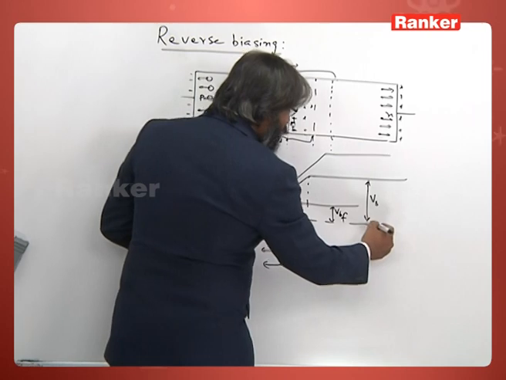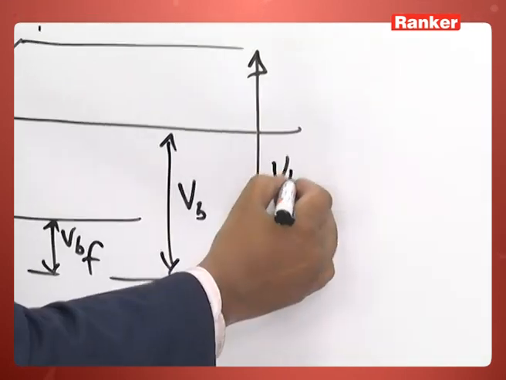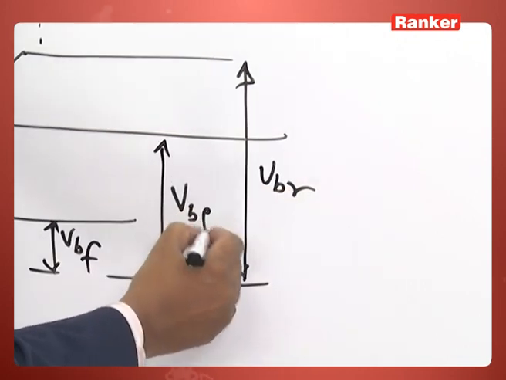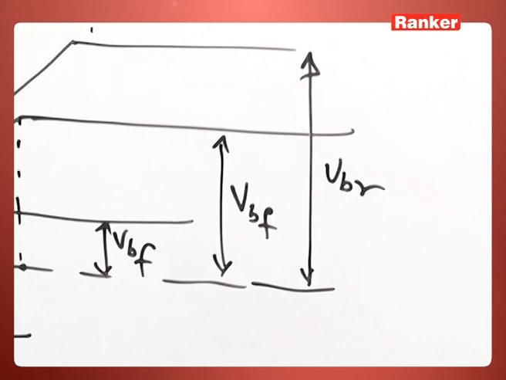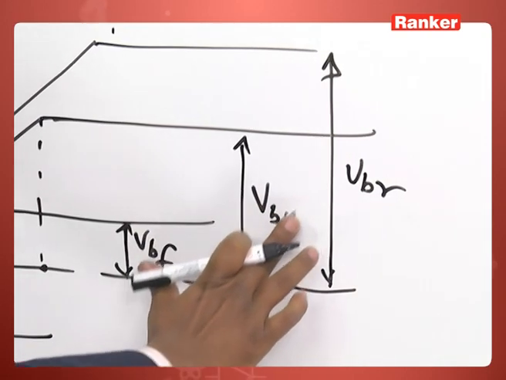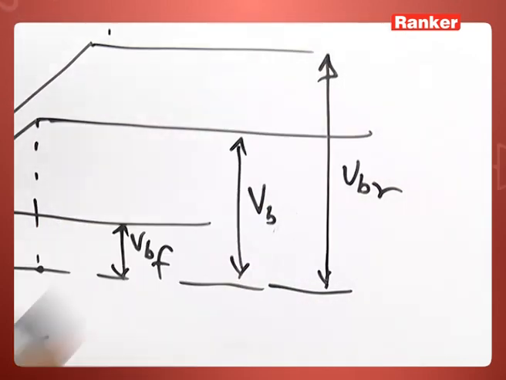You see during forward biasing the potential barrier is this, this is under no biasing, and this is under reverse biasing.